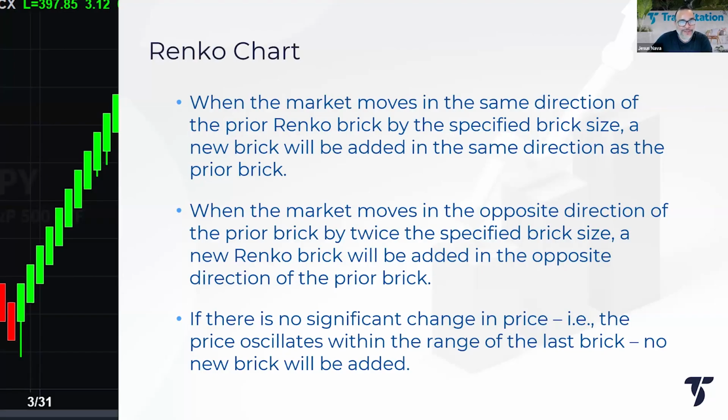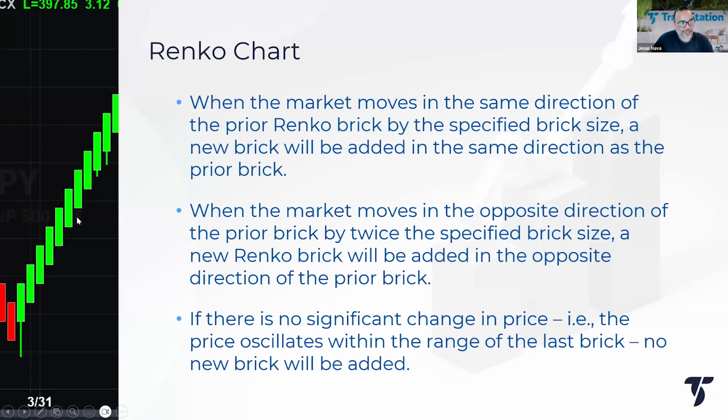But one of the things that is different about Renko when compared to point and figure is that in point and figure, you can adjust what the reversal amount is. I'm not sure if you noticed here, but the Renko chart is looking for twice the reversal amount. So I have a picture of Renko right here on the left-hand side. These Renko boxes that are green are being drawn because the price is going up.